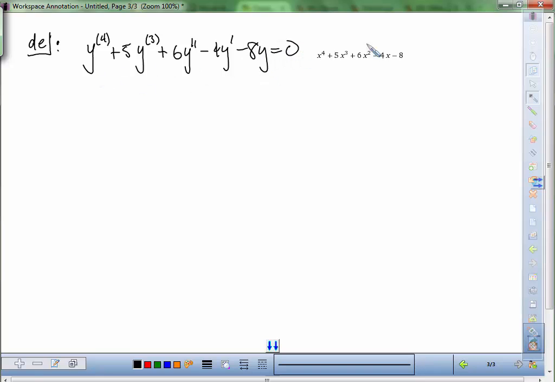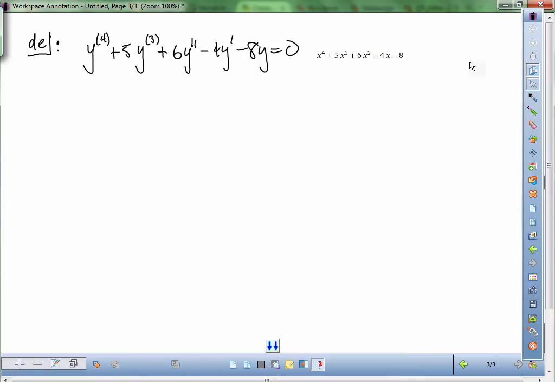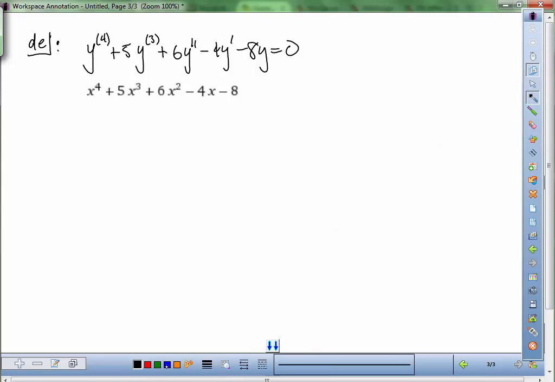So this would be my differential equation. So what you want to do is find the auxiliary equation, and the auxiliary equation is going to be this.